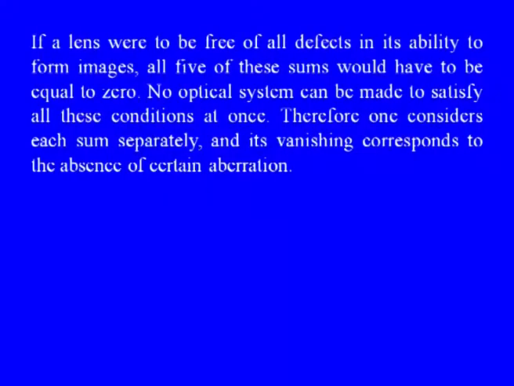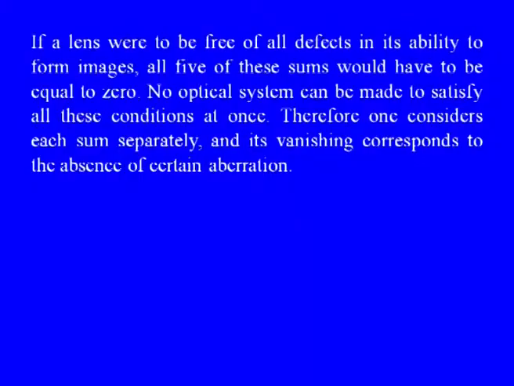If a lens were to be free of all defects in its ability to form images, all 5 of these sums would have to be equal to 0. Now, no optical system can be made to satisfy all these conditions at once. Therefore, one considers each sum separately, and its vanishing corresponds to the absence of certain aberration.